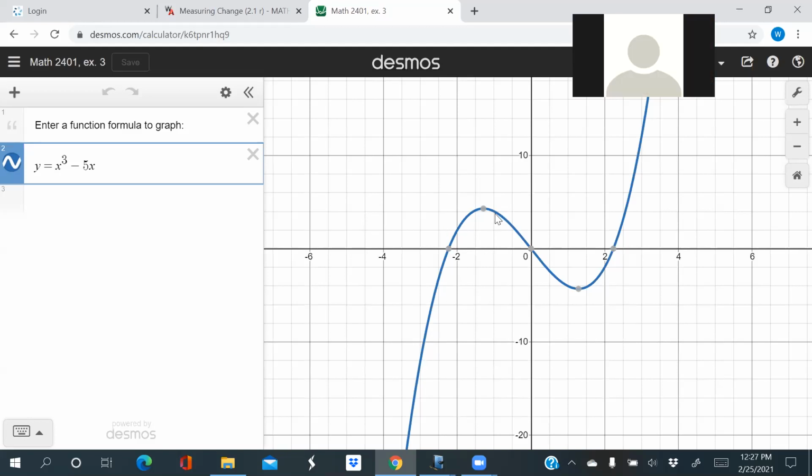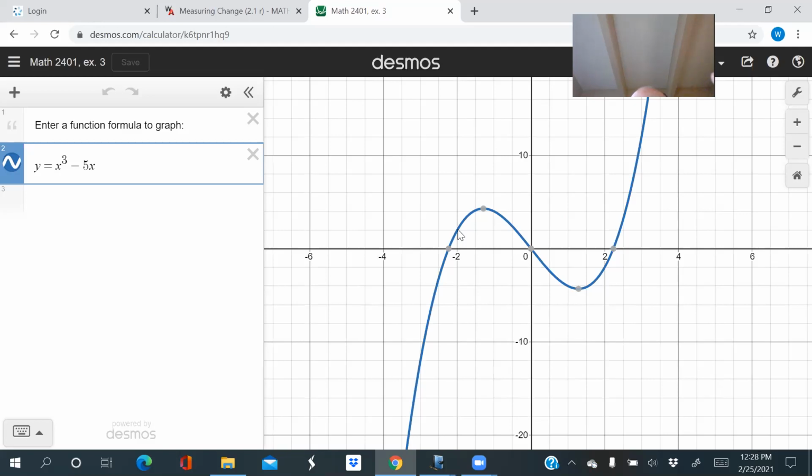Yeah. Now, but here's what I want to know, Zamir. Right at this point, right here at -2, which is between -3 and -1, right at that instant, how fast is the curve changing? Is it going up or is it going down, by the way? Up.